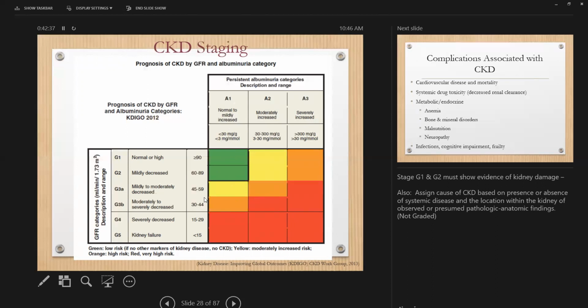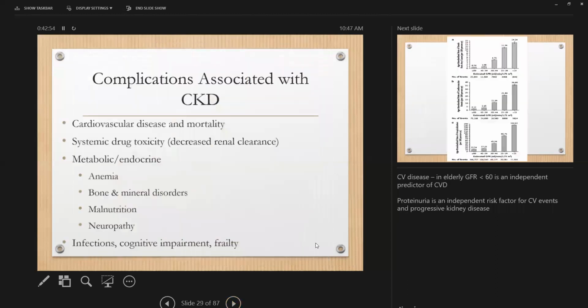And then you can see how it just progresses. So the lower your GFR gets and the higher your albuminuria gets, the greater is the probability for the development of chronic kidney disease. Does that make sense? Okay, I hope so. Let me know if it doesn't.